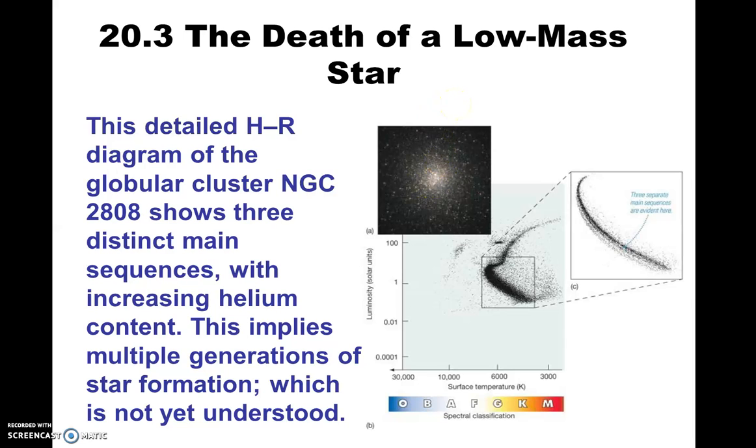Now there wasn't a lot of this going on with globular clusters. Most of the stellar evolution takes place in the disk of the galaxy, in spiral galaxies, as we're going to find out. There's another type of galaxy called an elliptical galaxy we'll get into later, but they have stars very similar to the stars in globular clusters, very low metal content stars.